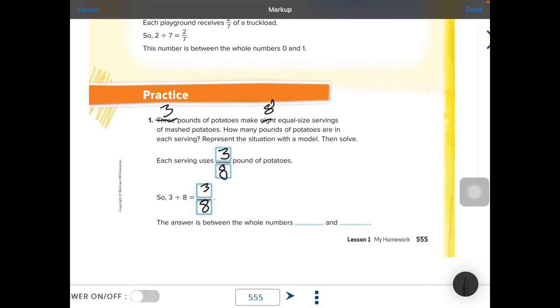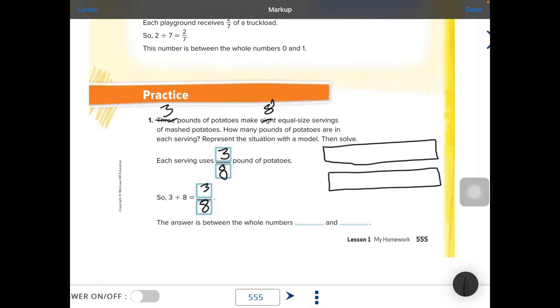And we're going to do a model similar to what's up in the example. There's the 3, each pound of potato. And we're going to make 8 equal portions servings. So to make them equal, I like to divide them in half, and then in half again. There, they each have 4.